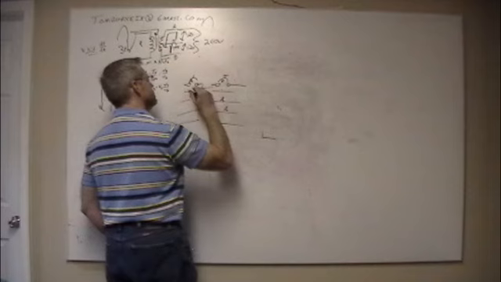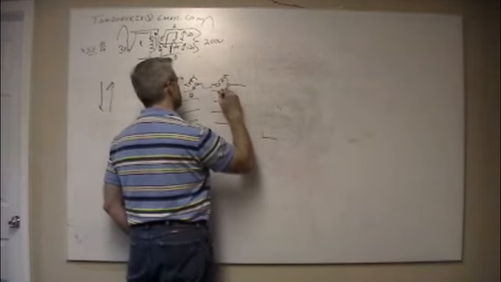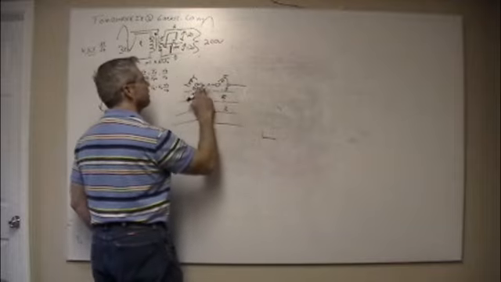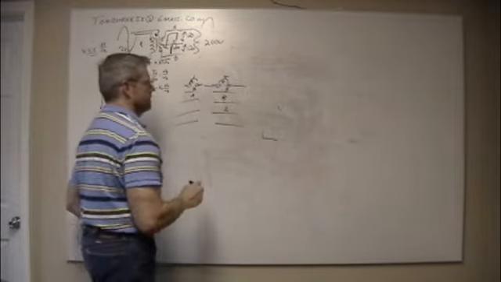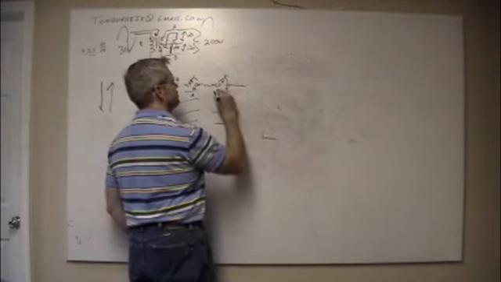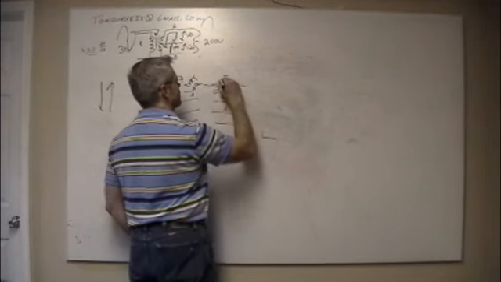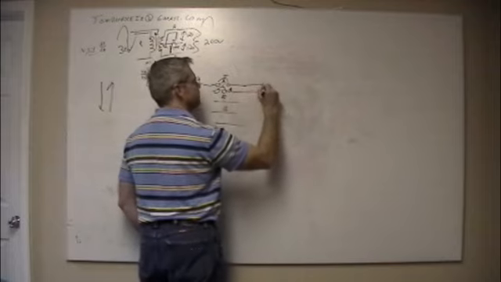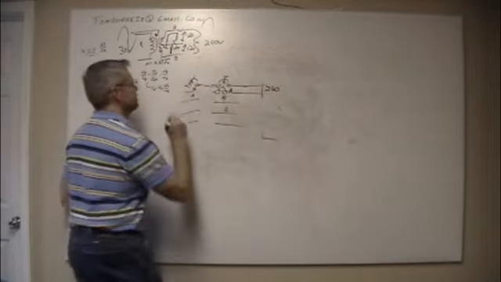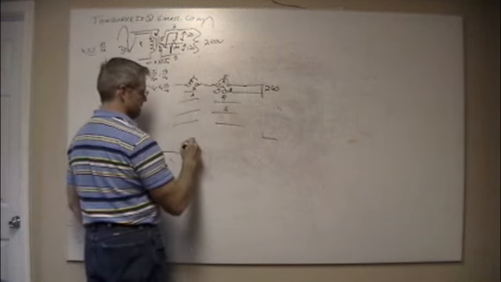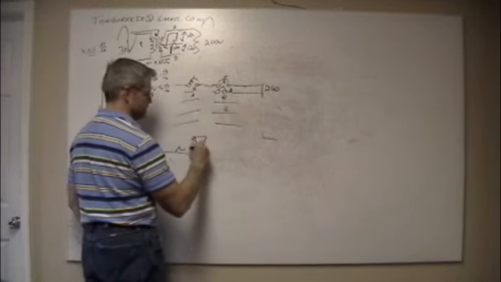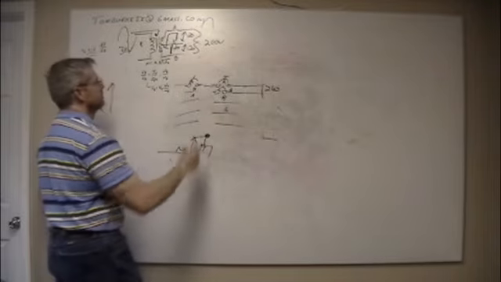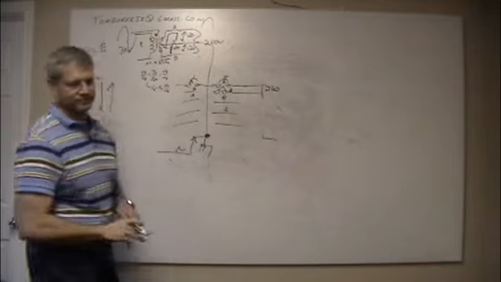A, B. Yeah, because two position gives you both legs and gives you 240. So a double position breaker is this. And now you've got 240 across those two lines. And this one gives a single, and everything comes back on neutral, which is tied to ground right here.